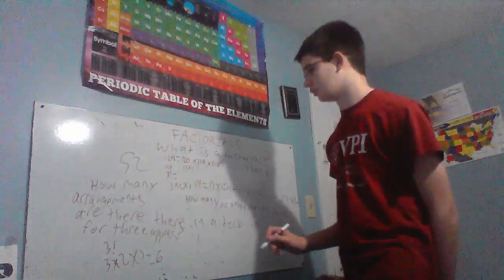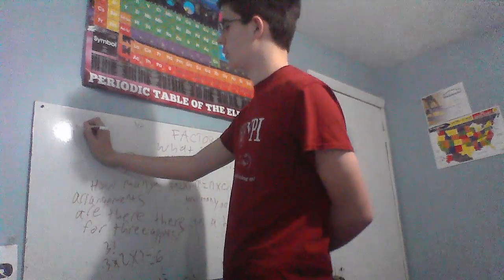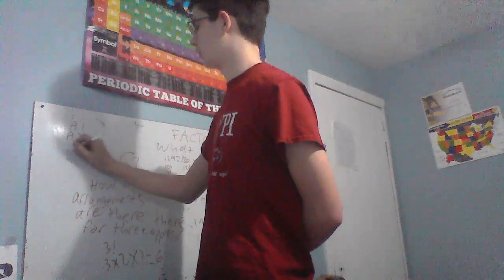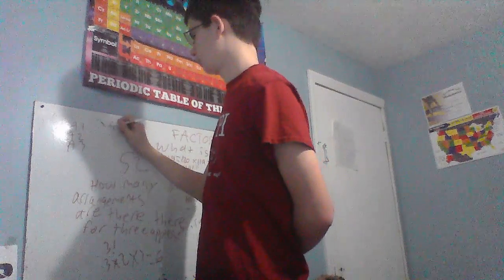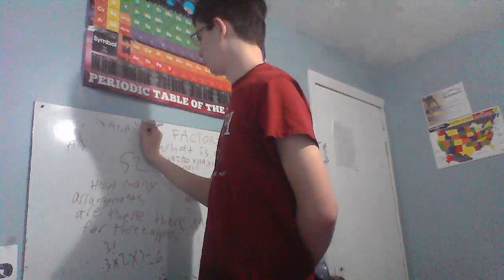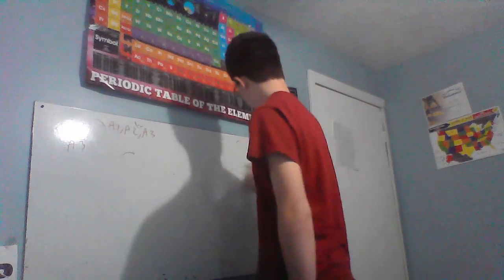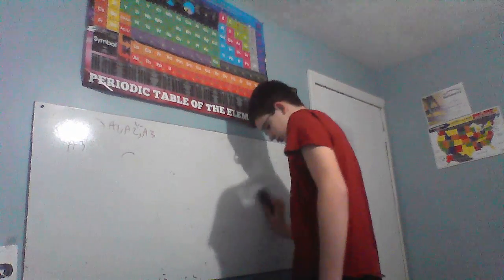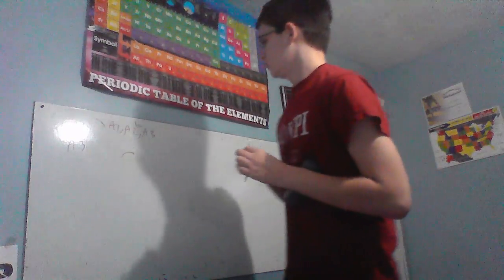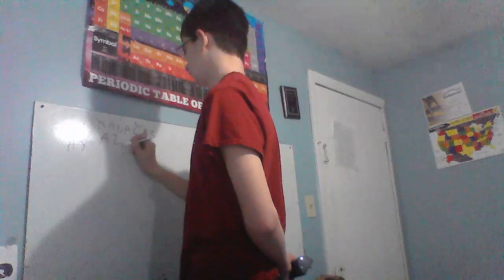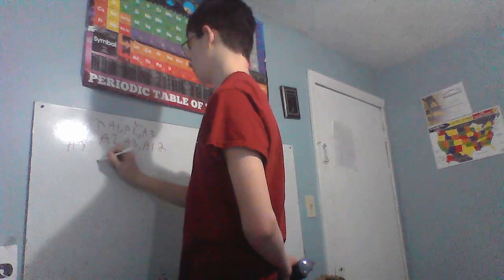But in this case we can even just show it, right? We'll say A1, A2, A3. Alright, so A1, A2, A3 is 1. A2, A3, A1, that's also 1, so 2.